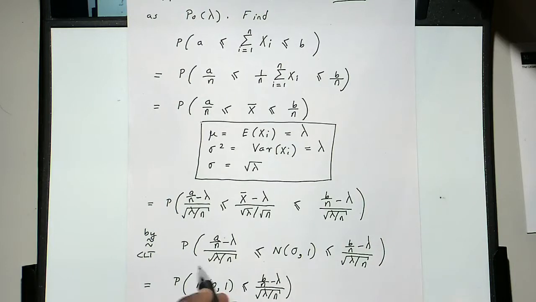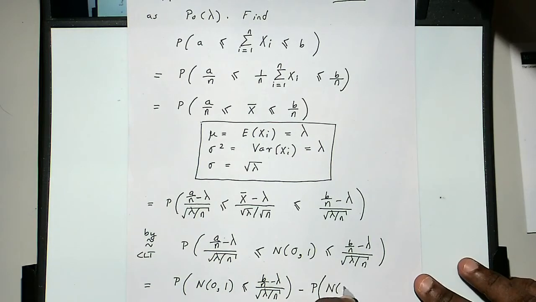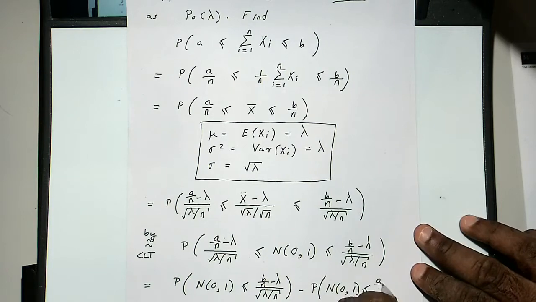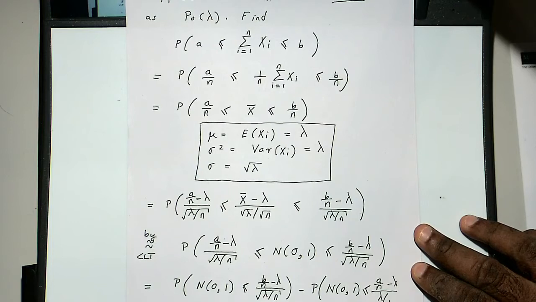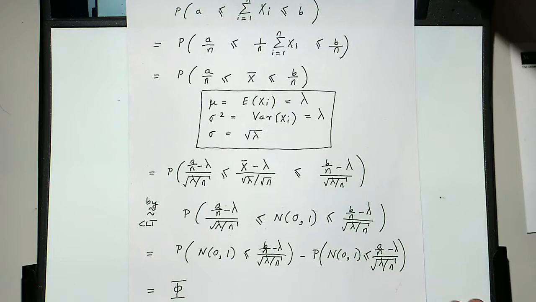Now, you can write this probability as the difference of these probabilities. And finally, I'm going to use the notation capital Phi. Remember, capital Phi is the notation for the CDF of a standard normal variable, right?